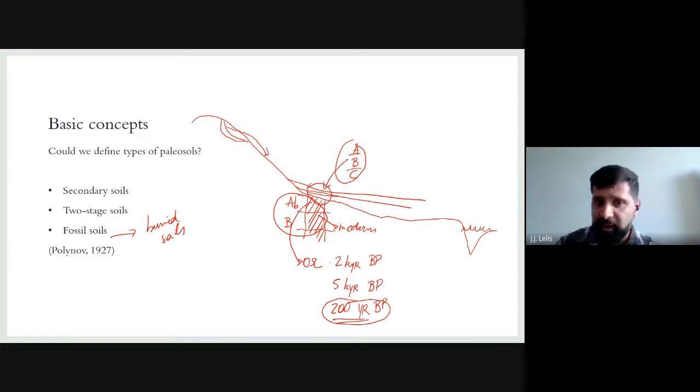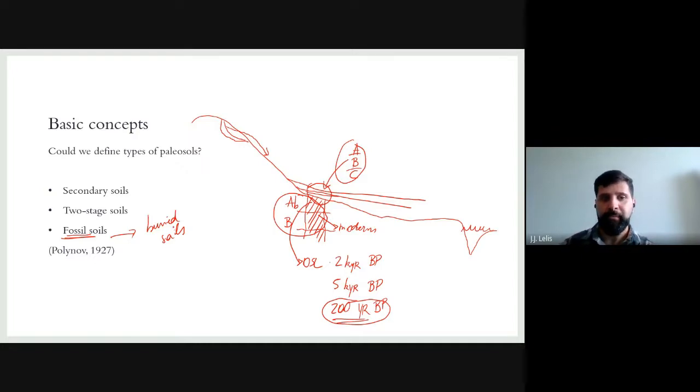They have the same properties, but I buried the soil, and as I buried it, some processes started and some processes stopped, and this created a condition to form a fossil soil, a paleosol that was buried.